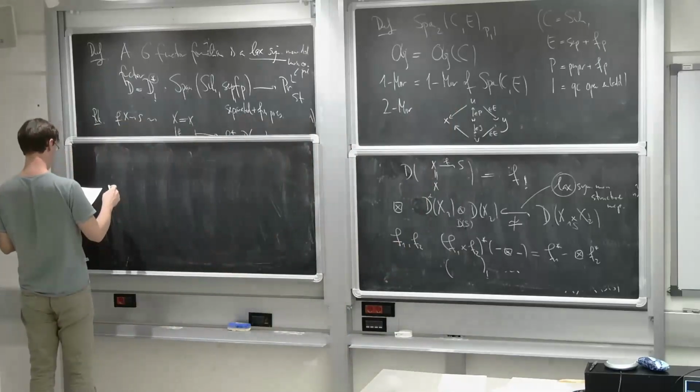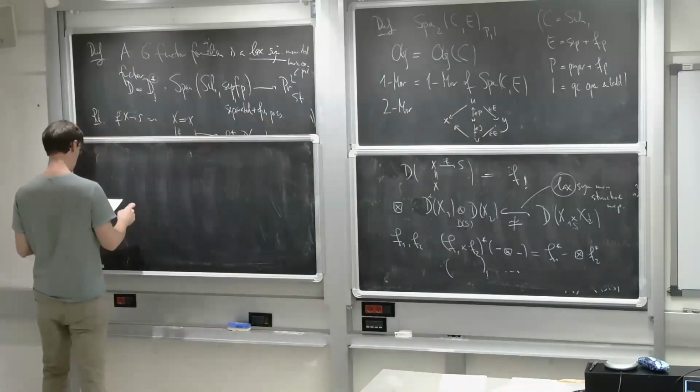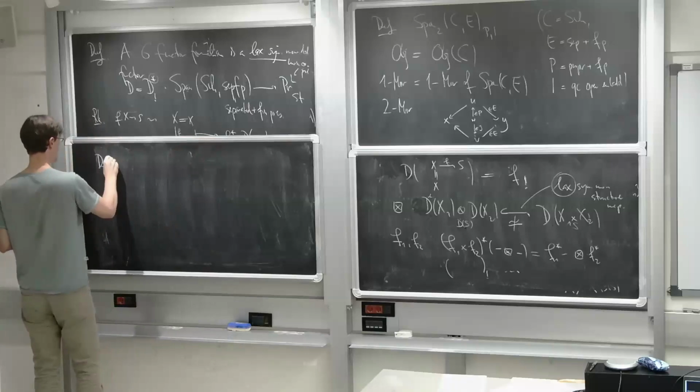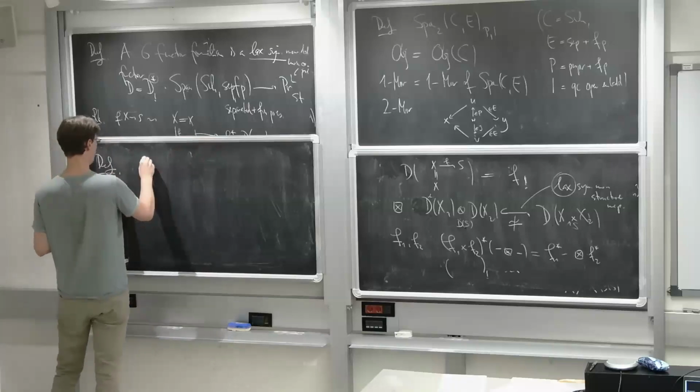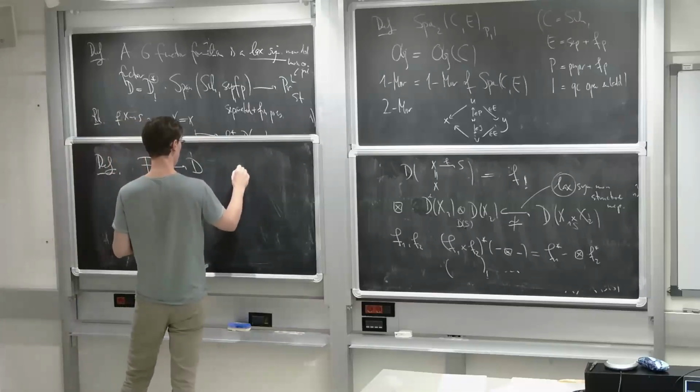And so why do I bring it up? I bring it up because this thing has now a very clean universal property. And to state this, I have to make a definition. So we pick a functor from C to some D, where this D is also a two category.